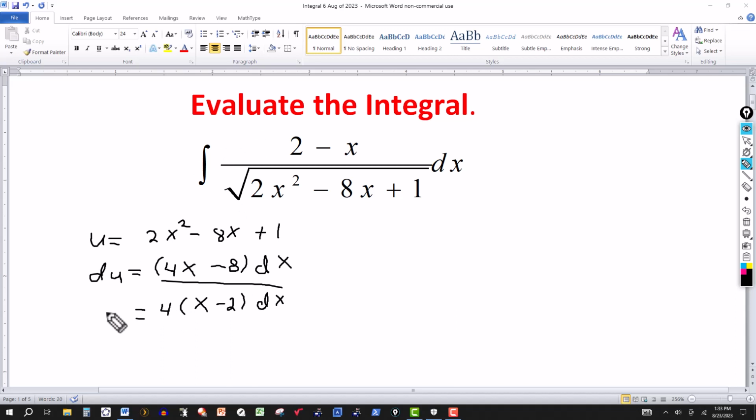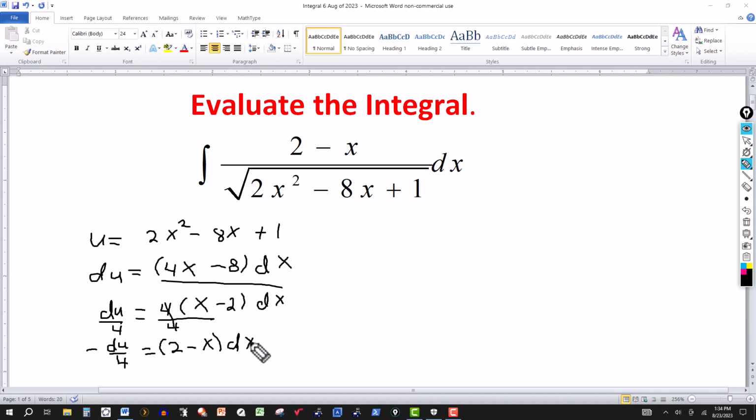So what I do here is I have du over here. Let's divide both sides by 4, and then we can multiply by a negative. So this would cancel here. Multiply by a negative, and this would give me a plus 2 minus x, and the negative would be over here, multiply both sides, and this is dx.